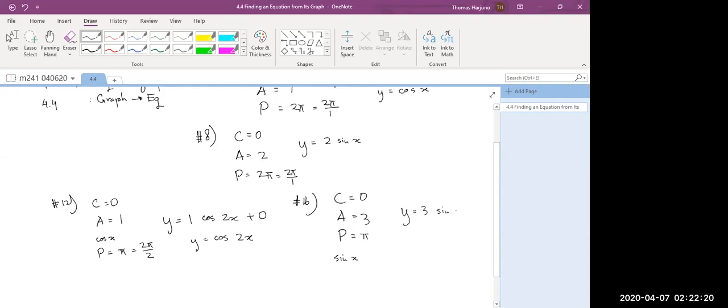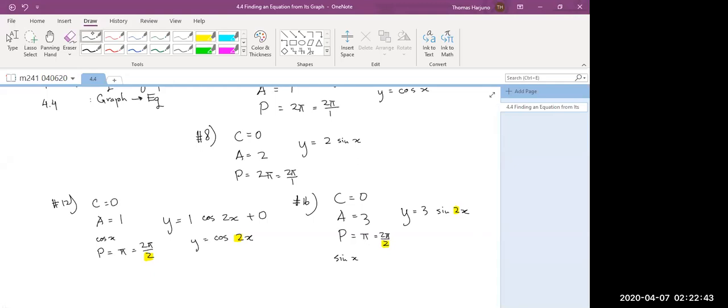Sine 2x. Okay, so we need to write that as 2 pi over pi to get the coefficient of the angle. And because the center is 0, we don't need to add anything.